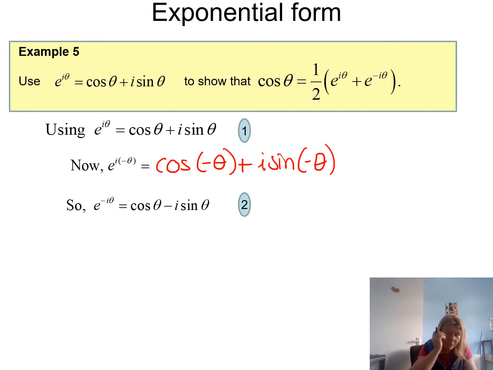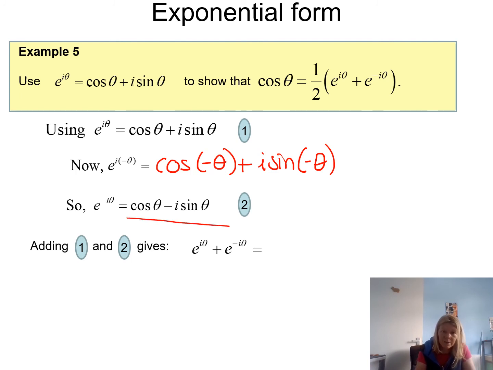Right, in the formula up the top there in the question, they're adding these two things together. So if we were to add them together, what would we get? Basically that one and that one. Well, adding them together, the i sines disappear. So we're just left with 2 cos theta. So now that implies what we've got above, doesn't it?